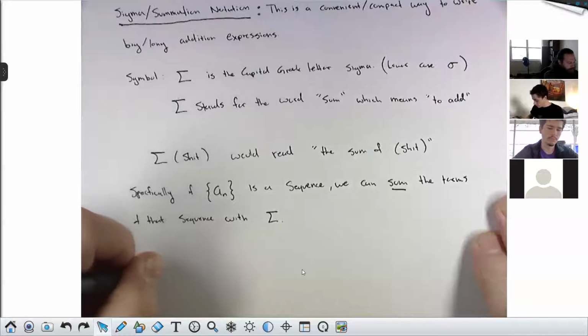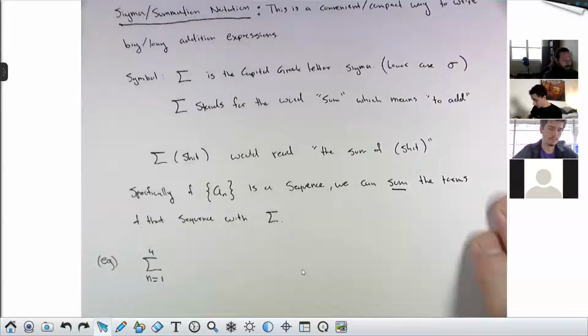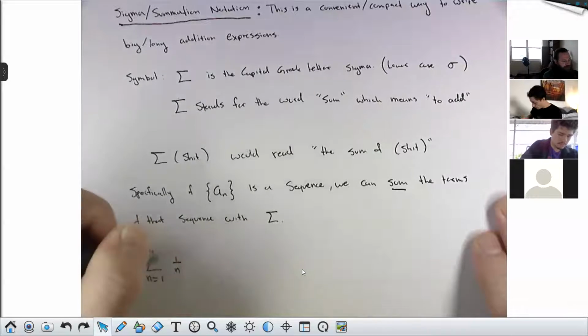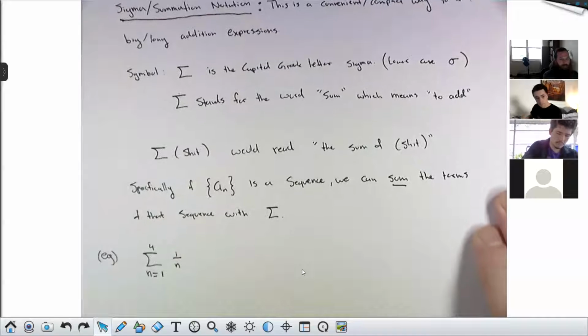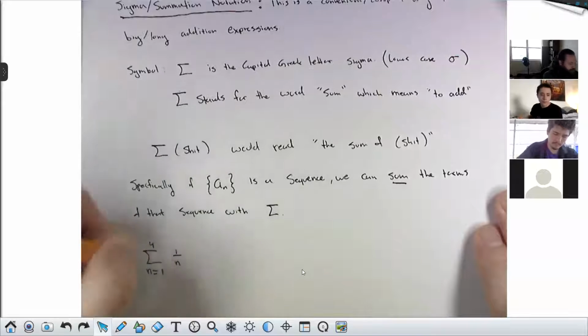If I want to sum from n equals 1 to 4, the sequence 1 over n, this is read as the sum of 1 over n taken from n equals 1 to n equals 4. You can think of the top here as saying n equals 4, but we don't usually write it.